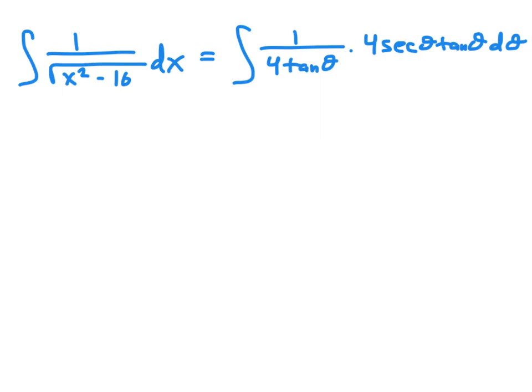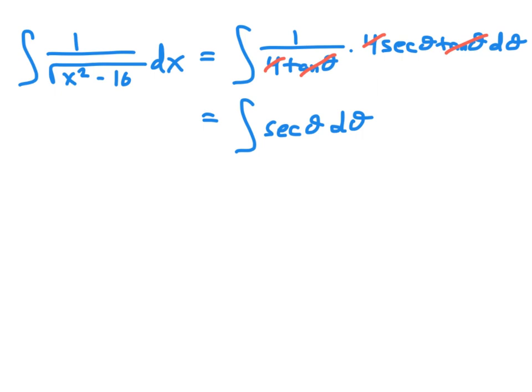At this point, we get some simplification. Of course, we have the constants 4 that will cancel out. And we also have a tangent of theta that will cancel in both the numerator and denominator. And so we are left with simply the integral of secant theta d theta. Everything else here cancels out except for one factor of secant.